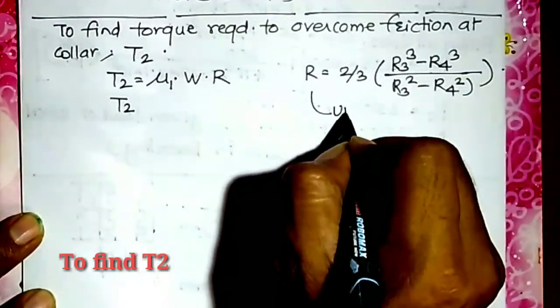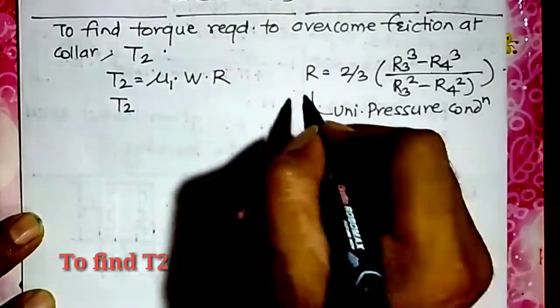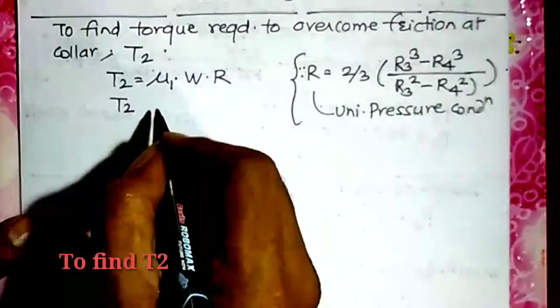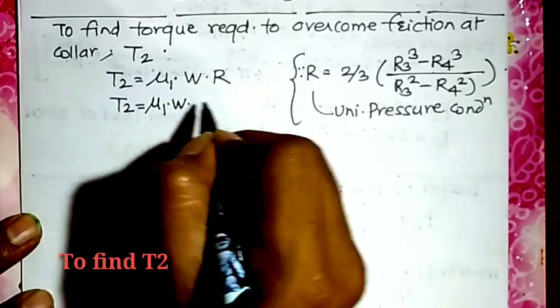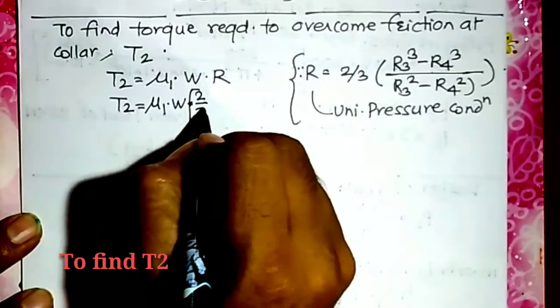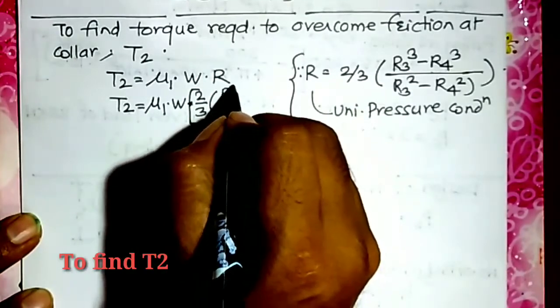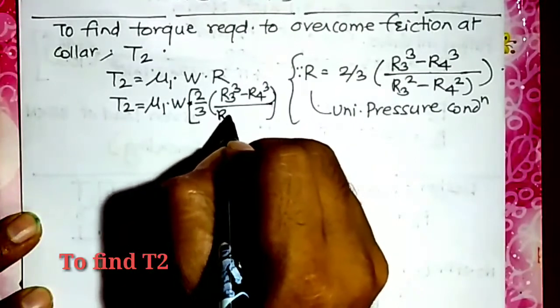Now to find torque required to overcome friction at collar, that is T2, we know T2 is mu1 WR. Mu1, why? Because mu is already considered as friction between the screw and nut. So it is mu1, friction at collar.